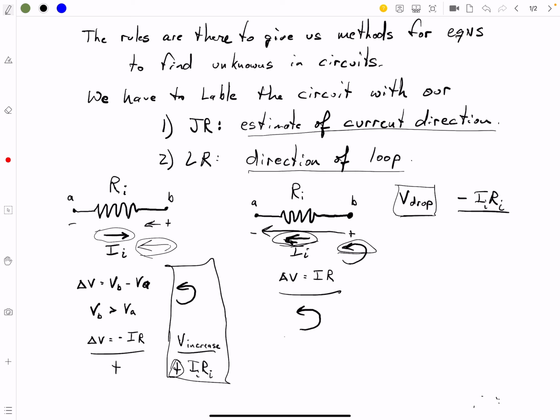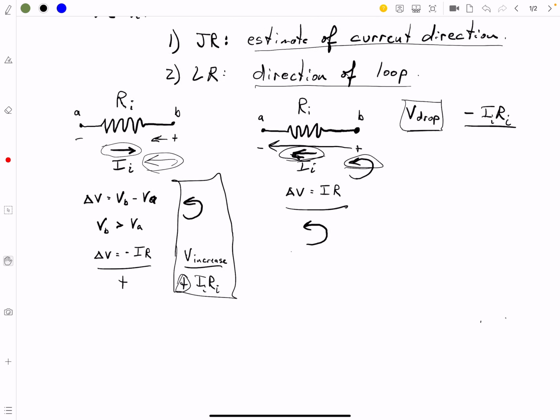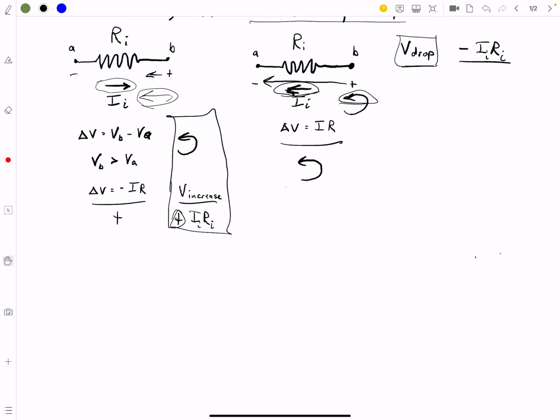Okay. Next, we have our EMFs. So here's our negative, here's our positive. There's our EMF. We've got point A, we've got point B. We can go like this with our loop, right?